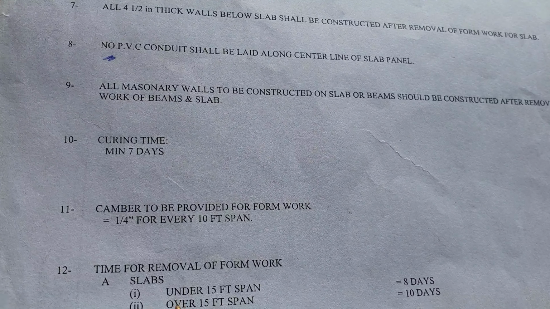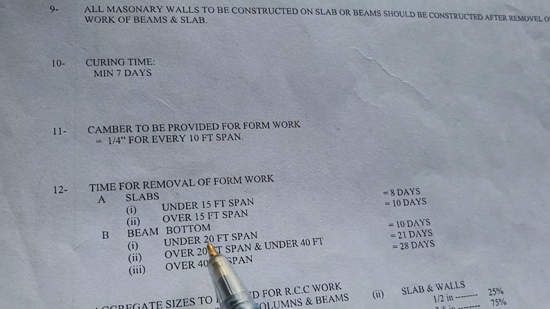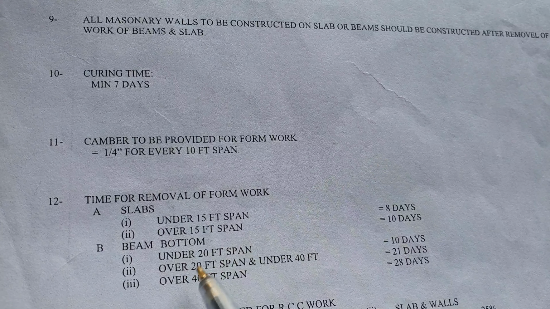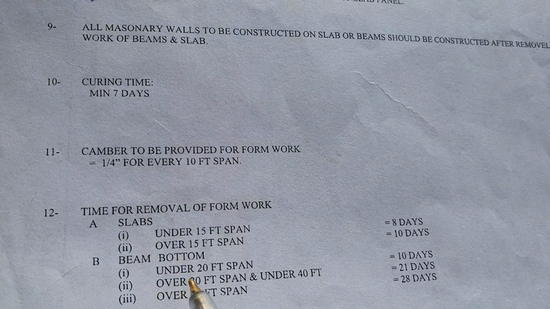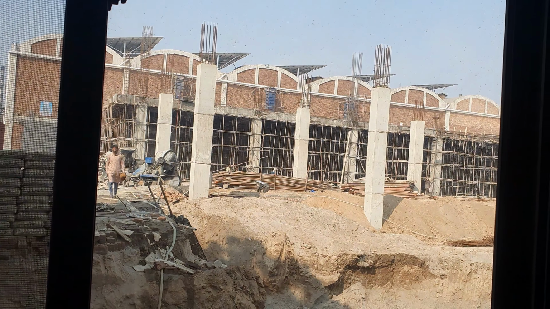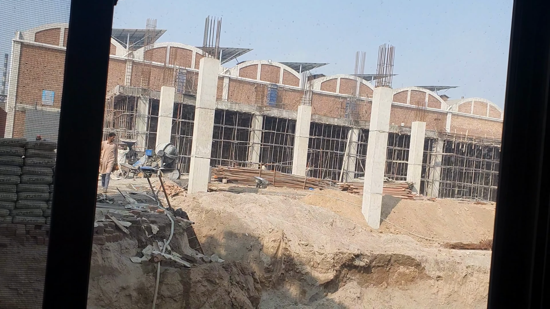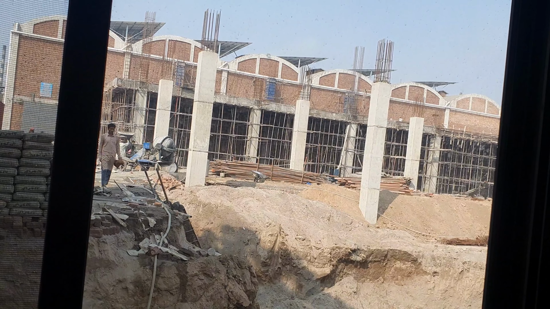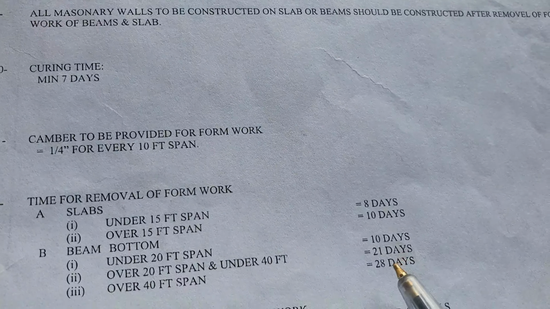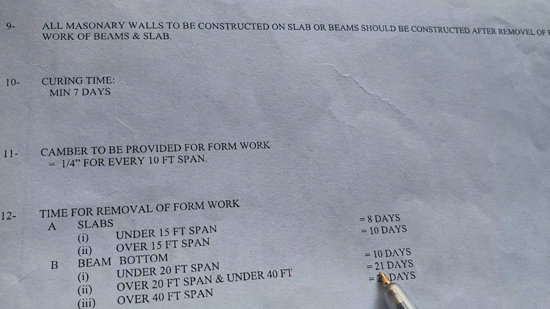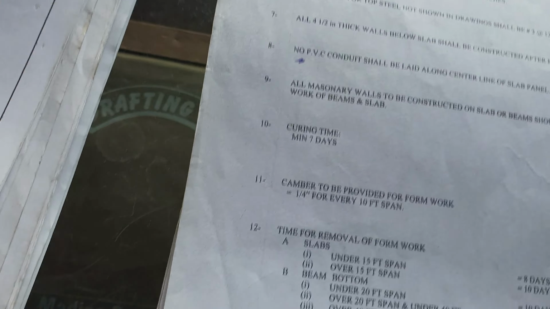For beam bottom, if it's under 20 feet span, you can remove it after 10 days. Our beam bottom is over 20 feet and under 40 feet, like 28 feet, so we will remove the shuttering of the beam bottom after 21 days.